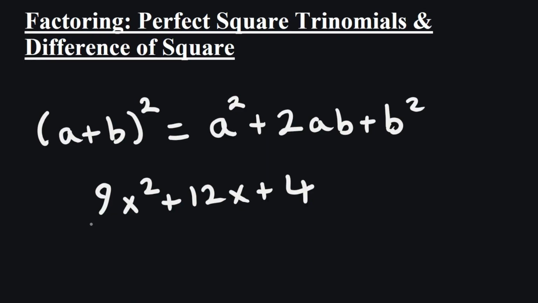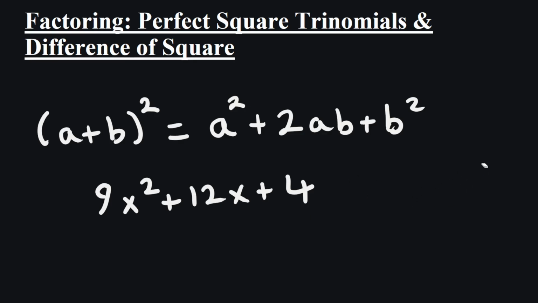First, let's determine if this is a perfect square trinomial. And if it is, then we can write it in a plus b squared form, and that is how we will factor it. We leave it in this form, and that is how we will factor this trinomial.